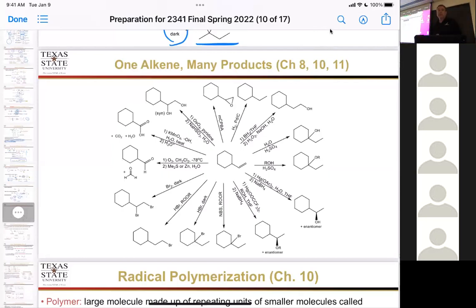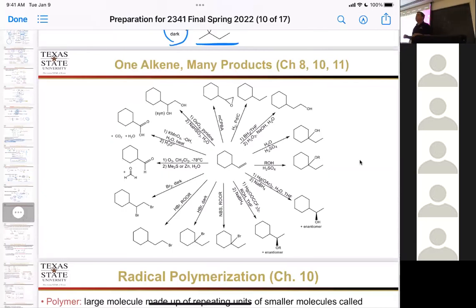So this right here is kind of a summary of a lot of the reactions we're going to be taking on the exam on Monday, May 2nd. This is a good way to think about, starting with all the same materials here, we can make a whole bunch of different functional groups.